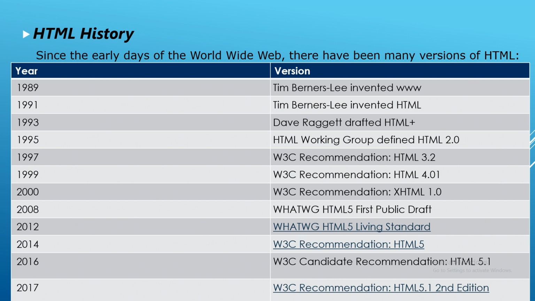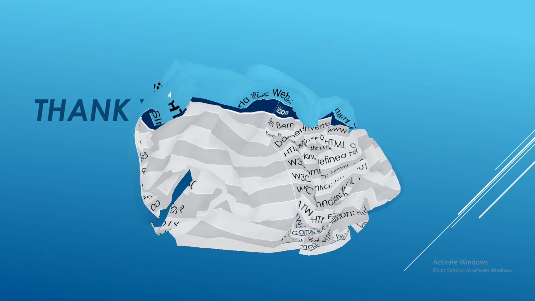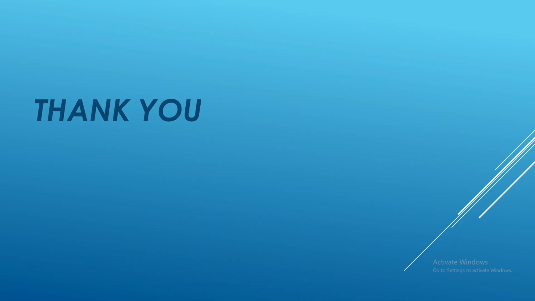Now we are using HTML5, the latest version of HTML. On the left side is the year, and on the right side we have the version's name. You don't need to remember all of this. To learn HTML, we don't need HTML's history. So let's put this into the trash.